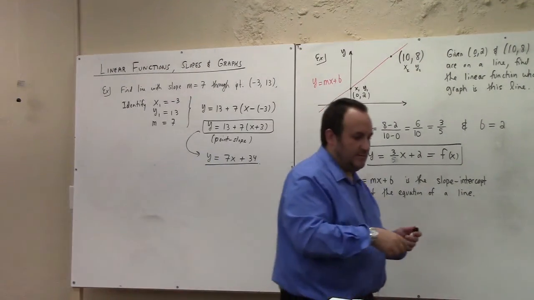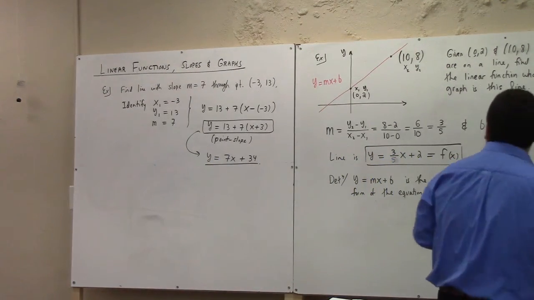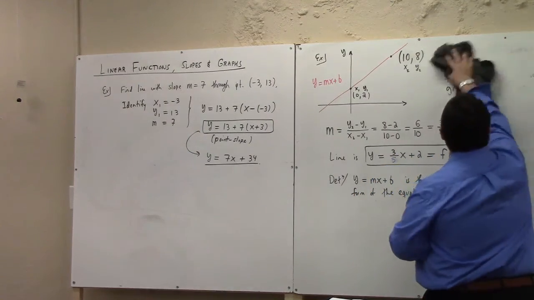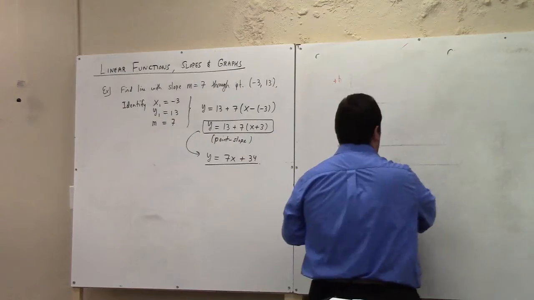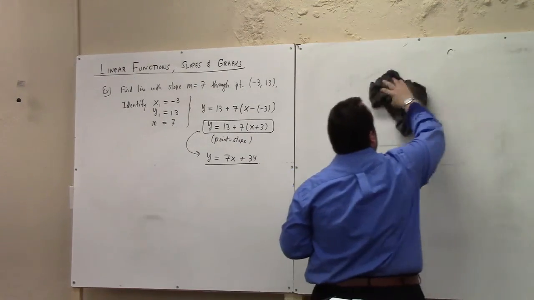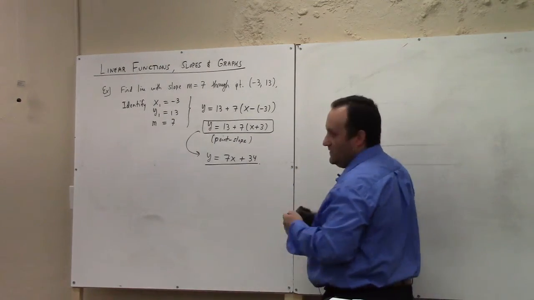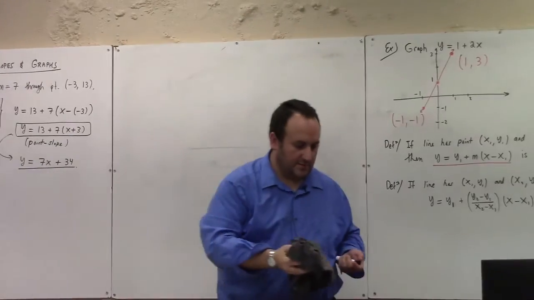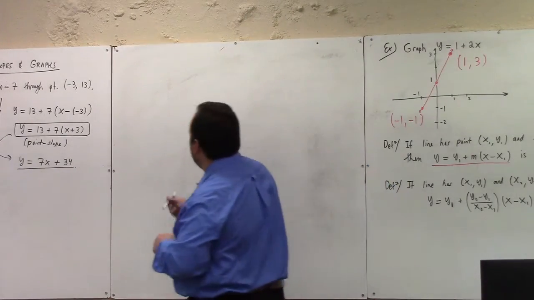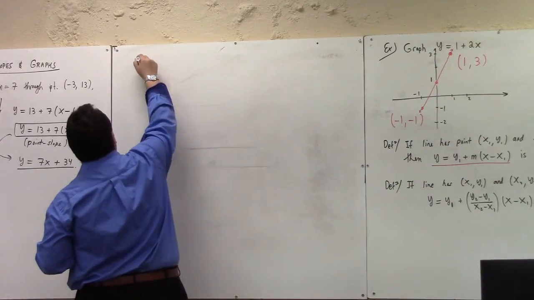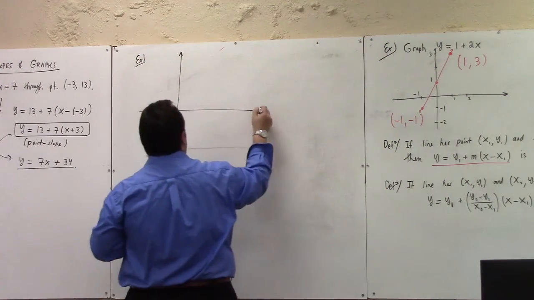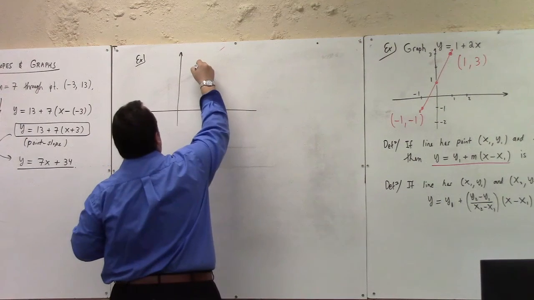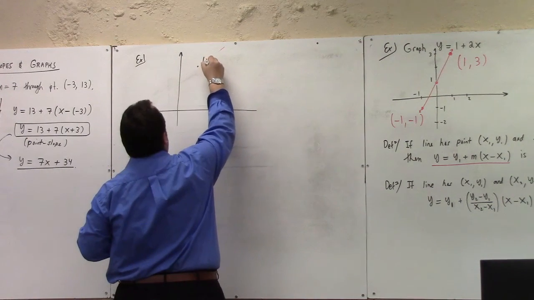Let me do one more example for you here. The first example I did was kind of easy because I gave you a point on the y-axis so you could figure out the y-intercept, right? But if I give you two arbitrary points and we want to find the equation, it could be a little bit troublesome.